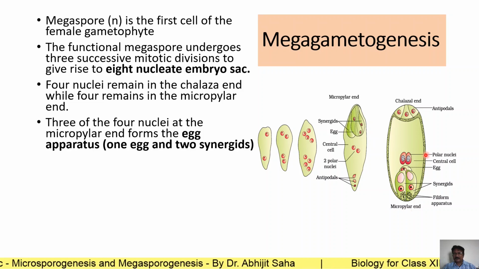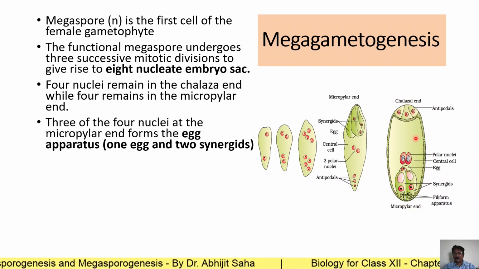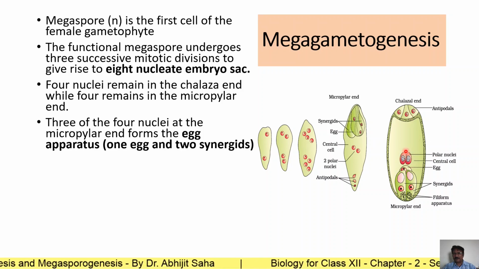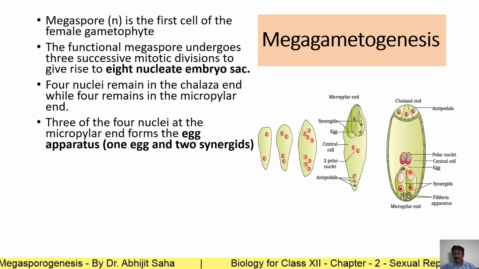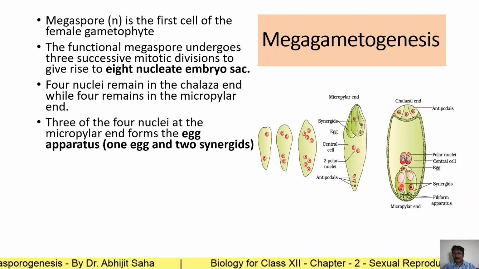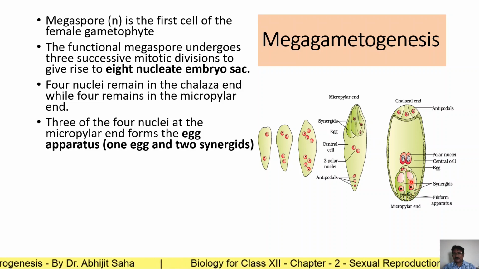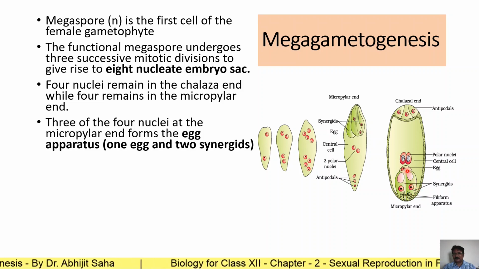Now if you see this structure, this is the mature ovule. What we find is two central polar nuclei. At the micropylar end is the egg apparatus, composed of two synergids and one egg.